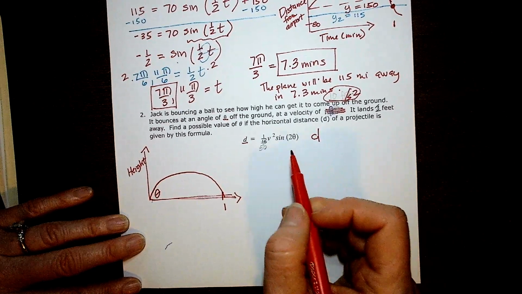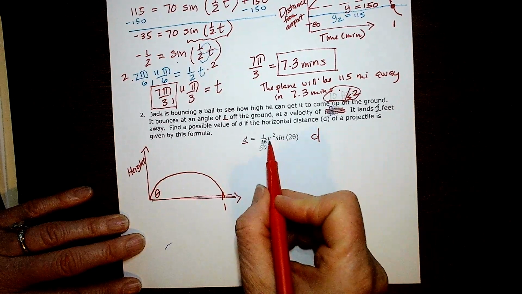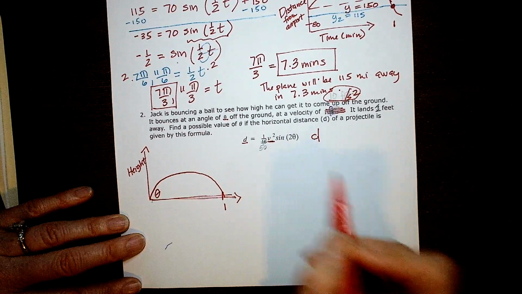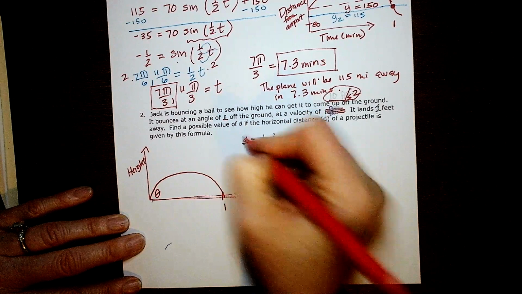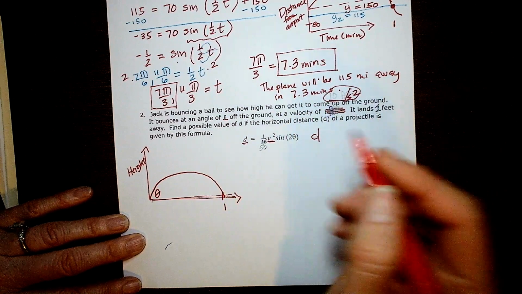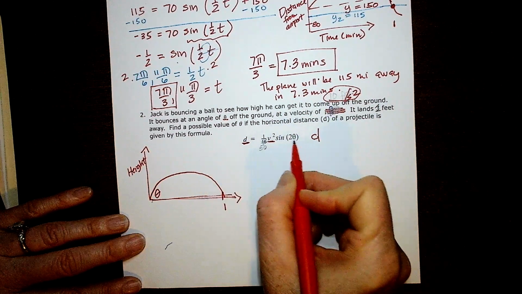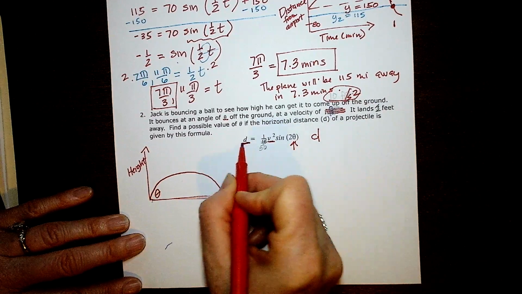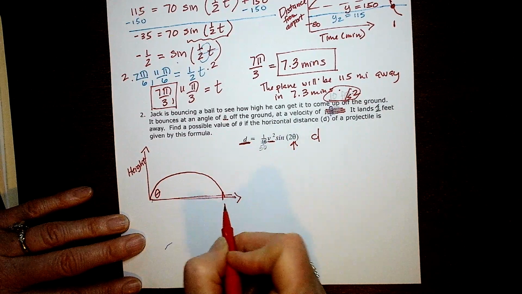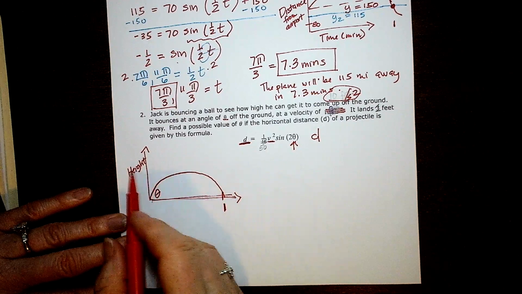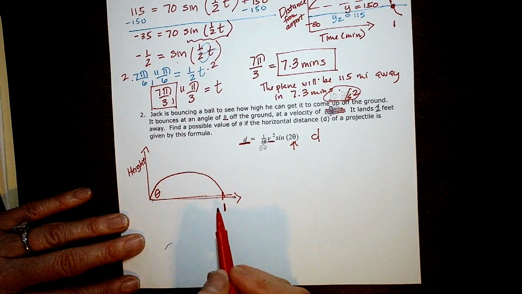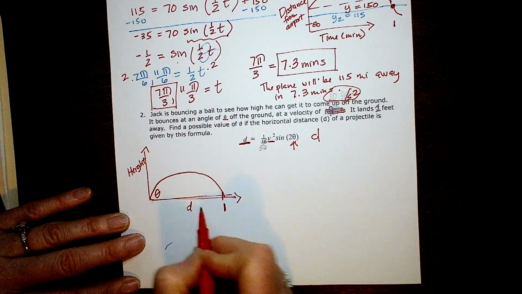It's giving me a velocity, and we're trying to find D. Actually, we're not trying to find D. We're trying to find theta. They've told us that D is 1, it's bouncing 1 foot away.